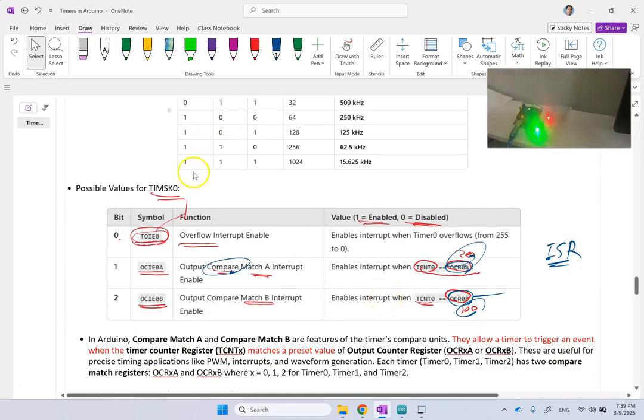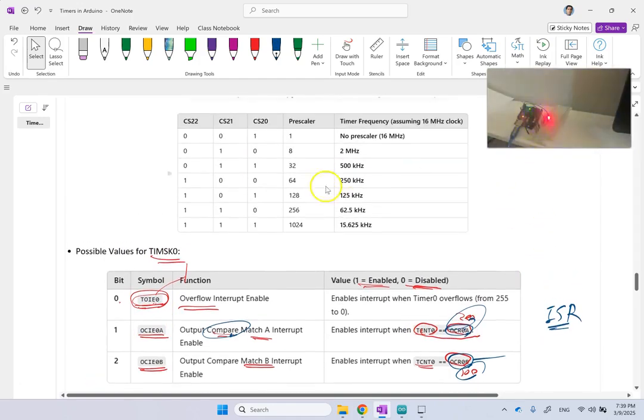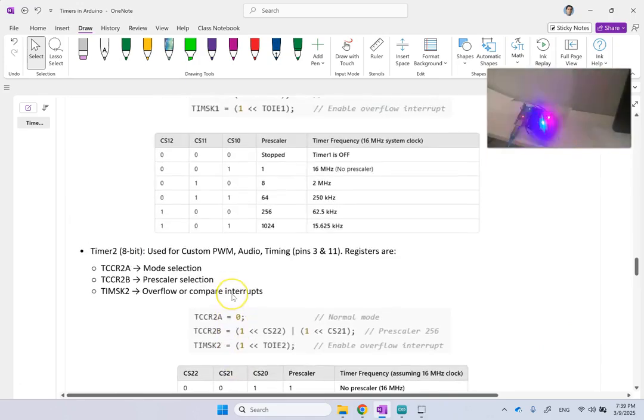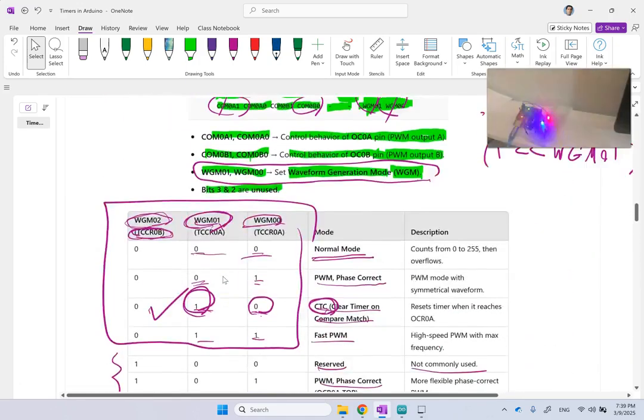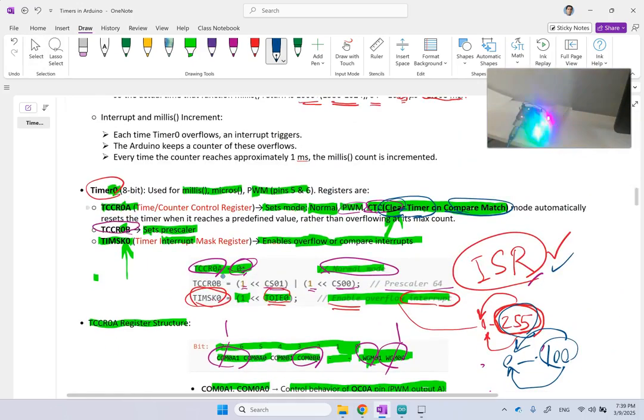Now, if you say, what are these variables? TOIE, OCIE, TCNT, OCR. What are these variables, right? Because there are lots of these kinds of variables for timers in Arduino. What's the meaning of them? It's hard to memorize them. I mean, here you see that TCCR means timer counter control register.